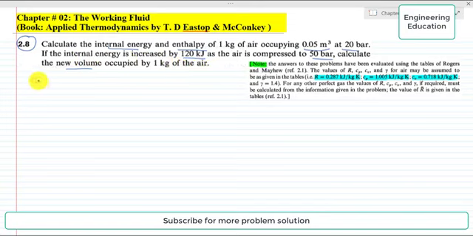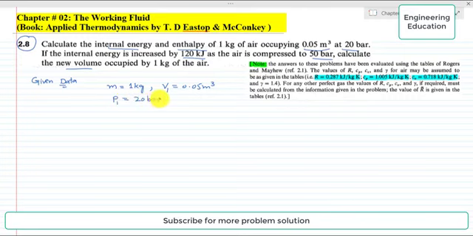So first of all, we will write the given data. We are given that the mass of air is 1 kilogram. The volume which it occupies at 20 bar is V1, and it is 0.05 cubic meter. Also, pressure P1 is 20 bar.